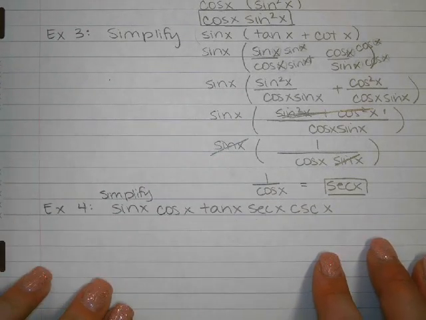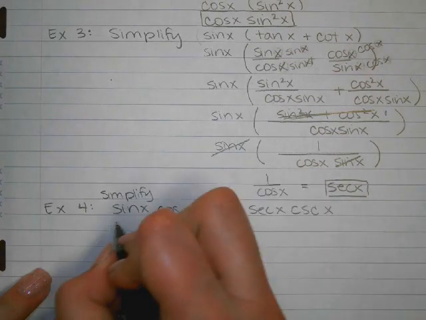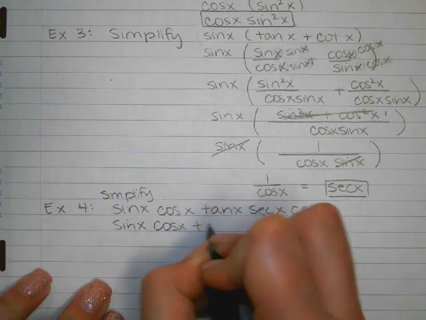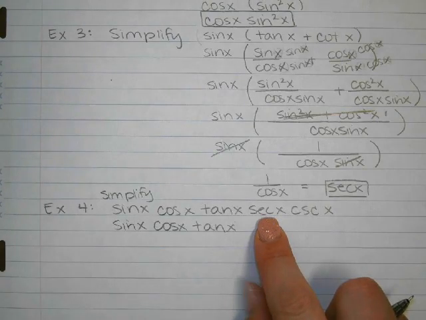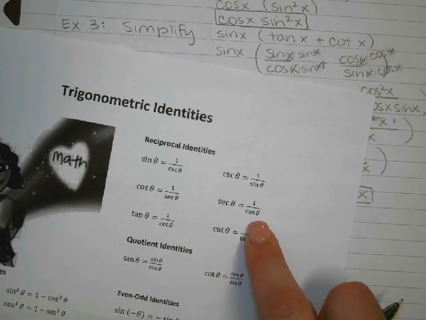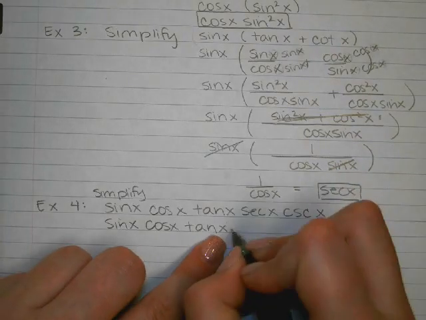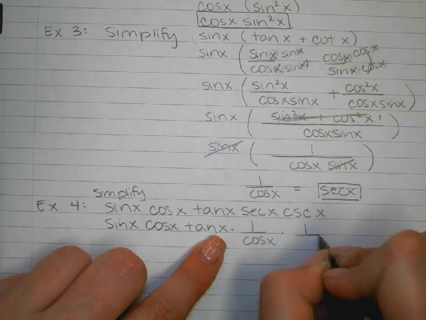And what I'm going to do is leave the sine, the cos, and the tangent, and use my sheet to make a substitution for the secant and the cosecant. So secant is 1 over cos, cosecant is 1 over sine. So I'm going to say this is times 1 over cos times 1 over sine.